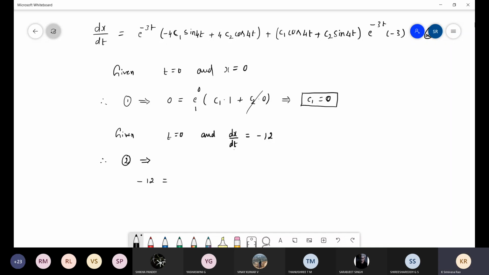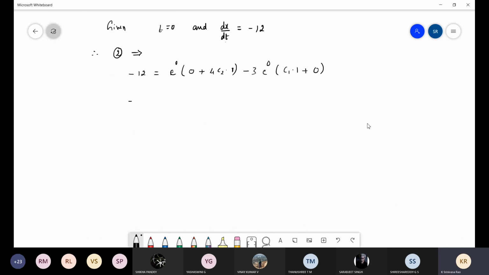Minus 12 equals e power minus 3t, that is e power 0, which is 1, multiplied by, at t equal to 0, the first term is 0, plus the second term 4 into C2 into cos 0, which is 1, plus minus 3 e power 0 into C1 cos 0, which is 1, plus C2 into 0. So this is the substitution of t equal to 0 in the RHS. Now simplify.